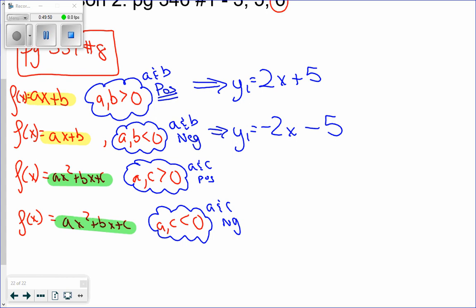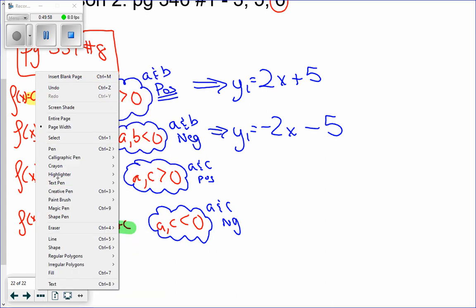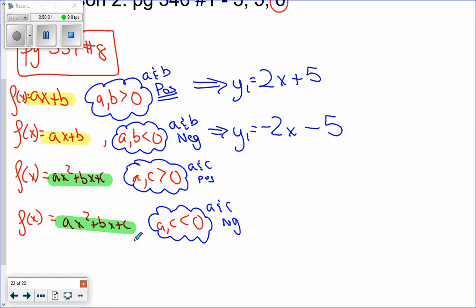Now, how am I doing that? Constant term. What does the constant term control? The y-intercept.